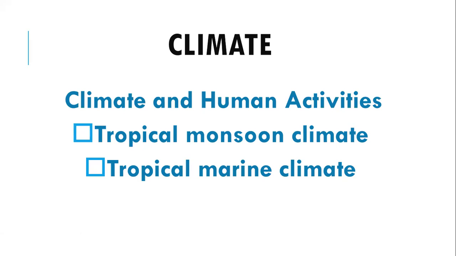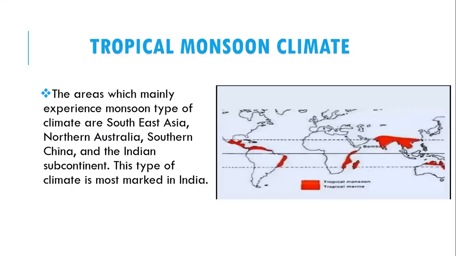Now, let's see this tropical monsoon climate. It is found mainly in places experiencing the tropical monsoon type of climate. They include Southeast Asia, Northern Australia, Southern China, and the Indian subcontinent. Specifically, this type of climate is most marked in areas in India.